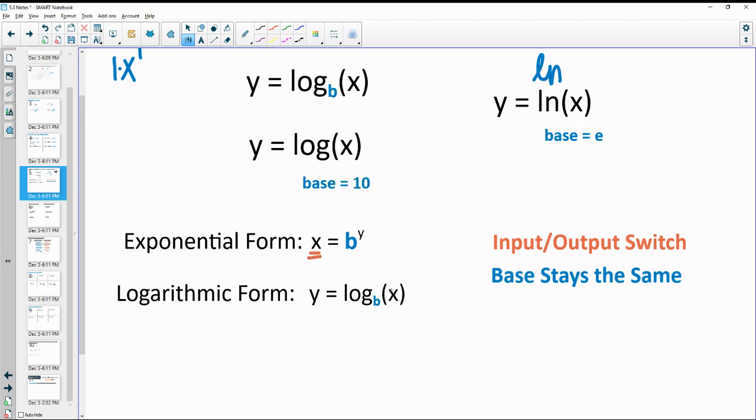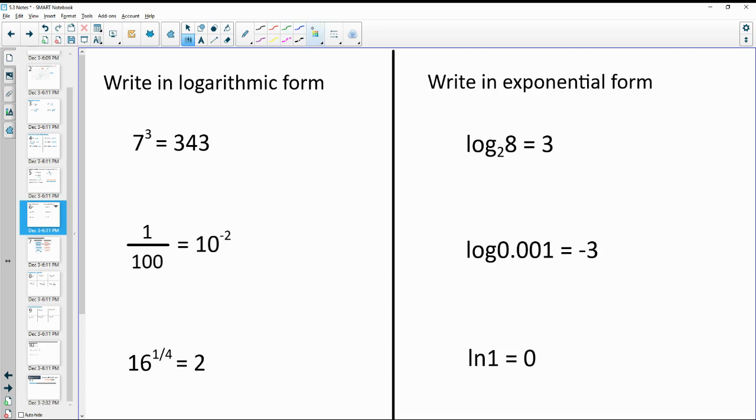So now this output becomes the input, and this input becomes our output. Okay, so if x equals b to the y, then log base b of x would equal y. So let's practice doing that.